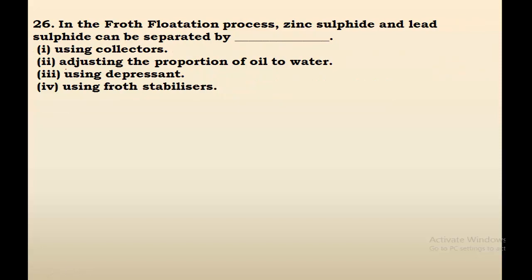26th, in the froth flotation process, zinc sulfide and lead sulfide can be separated by how? One of the common things that you know is using a depressant. A depressant can be used, and also adjusting the proportion of oil to water.